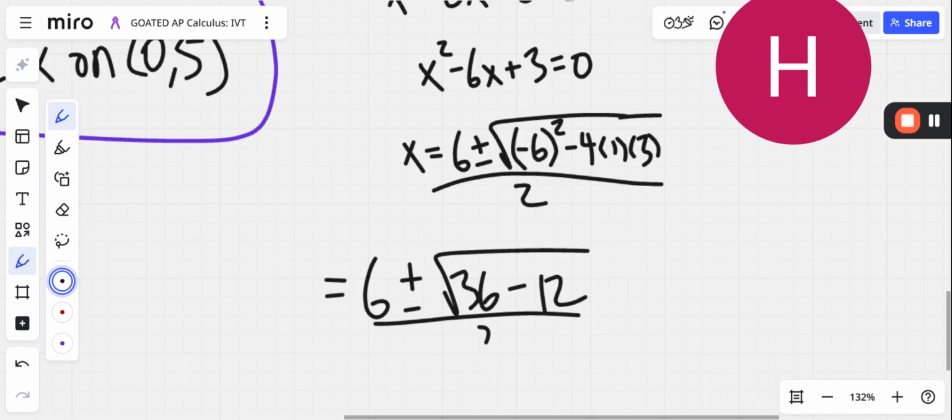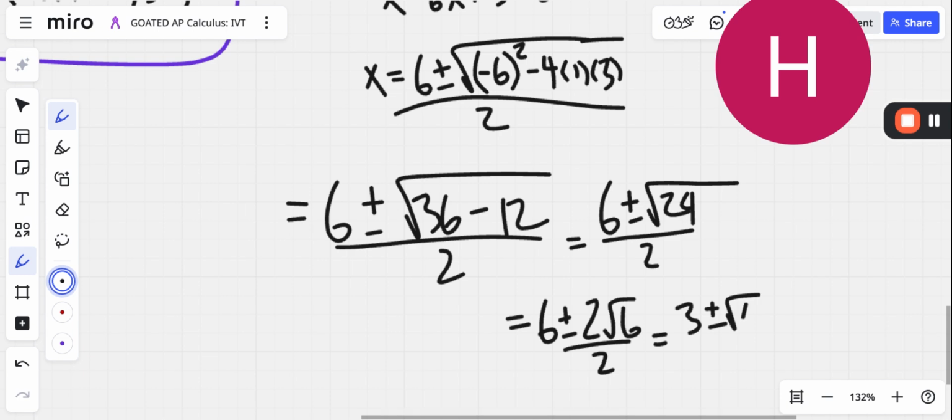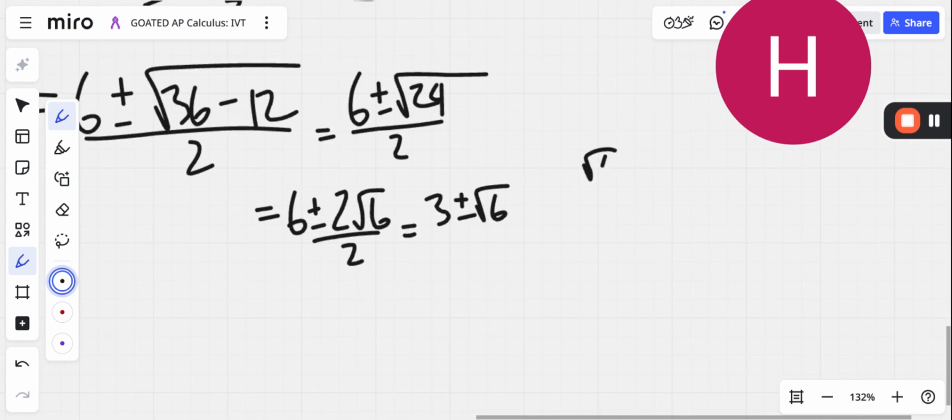So here we have 6 plus or minus the square root of 24, which you can simplify. All of these pre-calculus skills are a given at this point. You need to be very smooth with them. So we get 3 plus or minus root 6. Well, root 6 is bigger than root 4, which is equal to 2. So root 6 is bigger than 2.